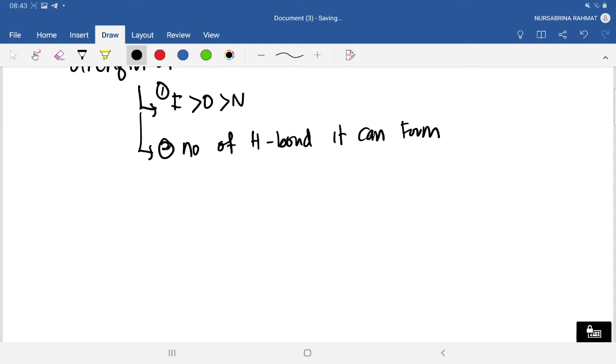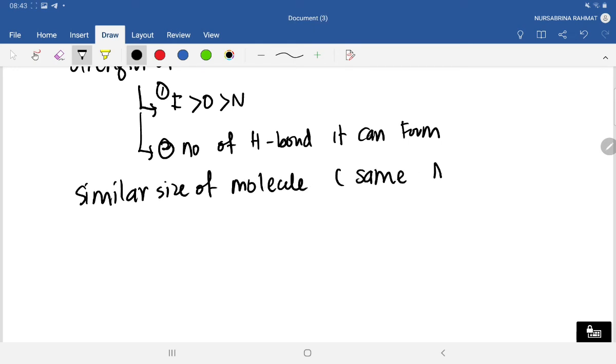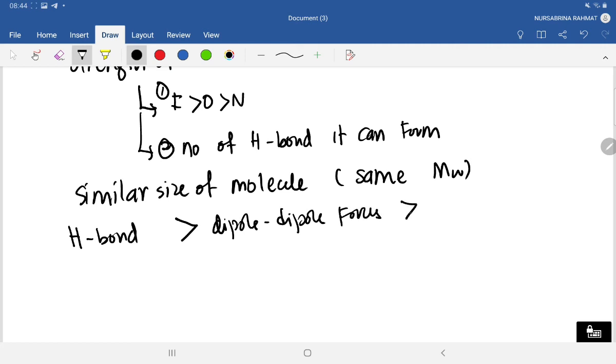If we are going to rank these three types of intermolecular forces in terms of strength, provided they have a similar size of molecule, where similar size means roughly the same molecular weight, then hydrogen bond is the strongest, followed by dipole forces, and lastly London forces.